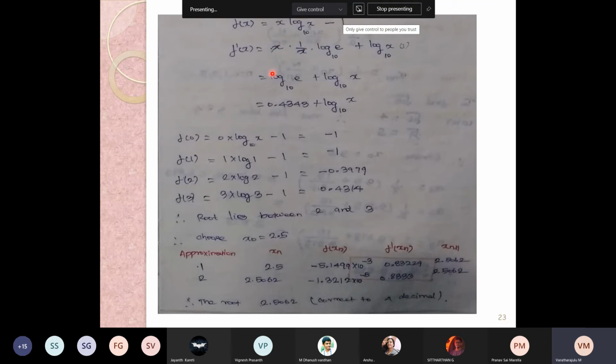Cancelling the x, I get log base 10 e plus log base 10 x.